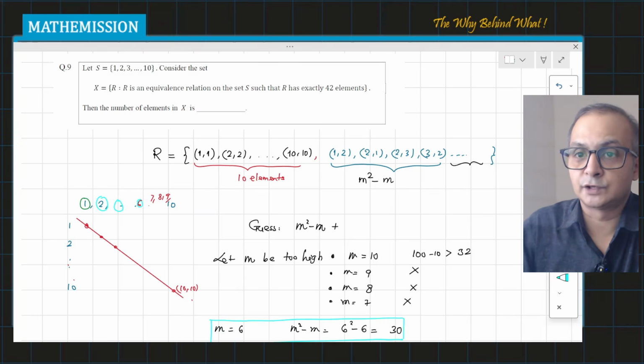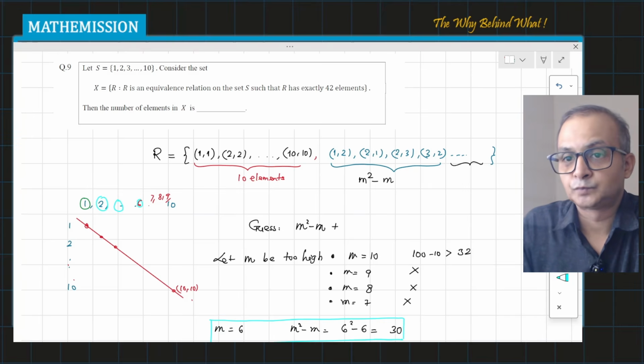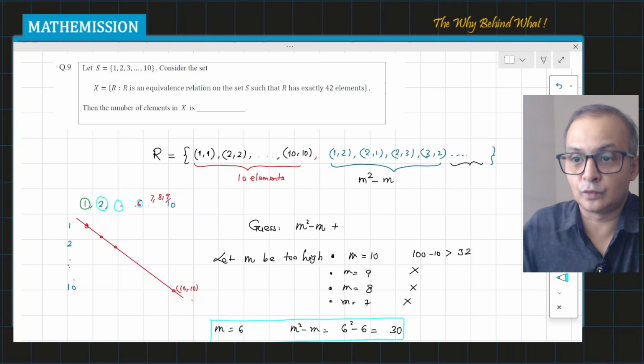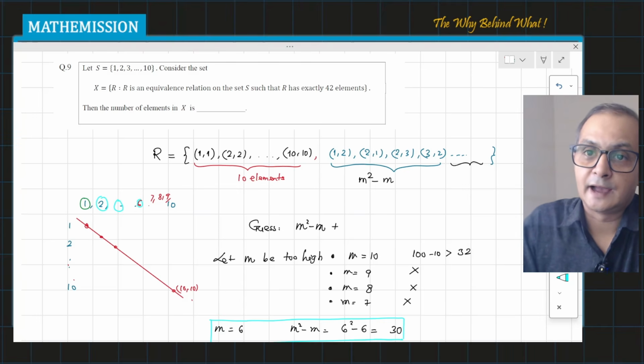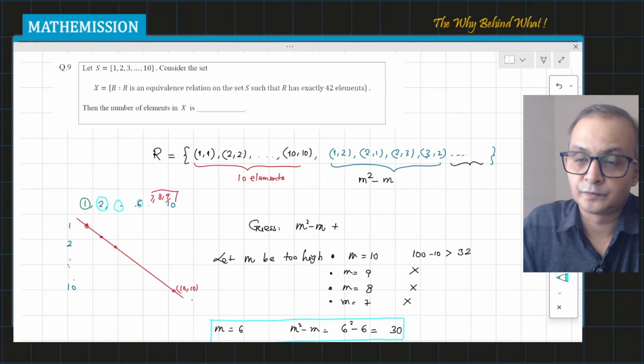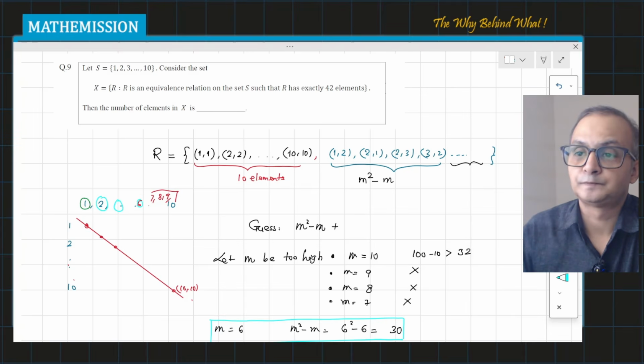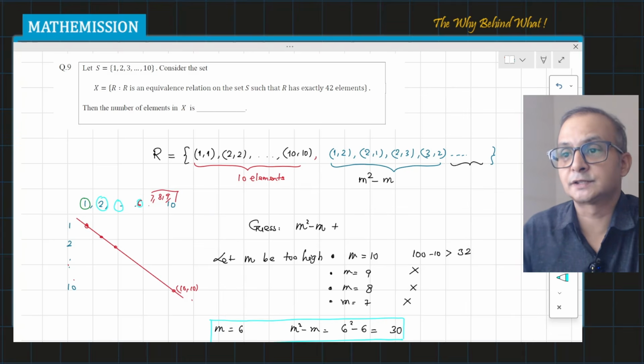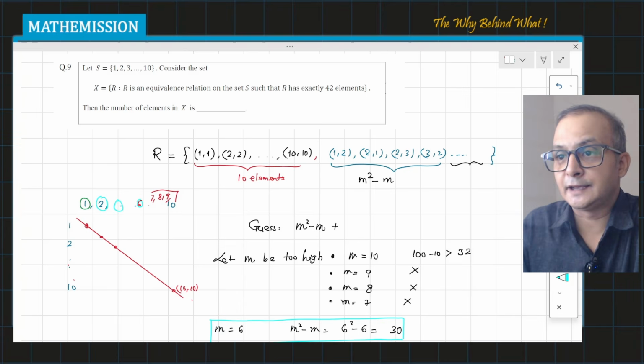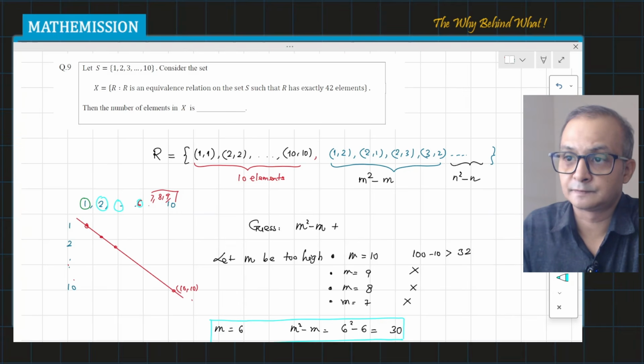So for that, I have to select in the same way we selected the 6 elements to construct 30 elements. I can select 2 more elements out of these 4 to get the total numbers completed. So I need again the same structure. So I can say n square minus n, and this total is going to be 2.